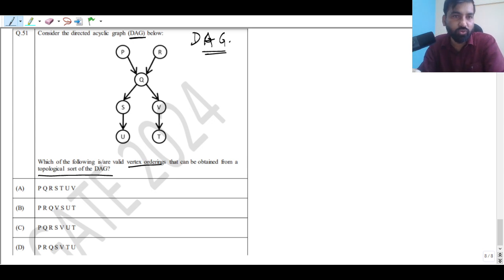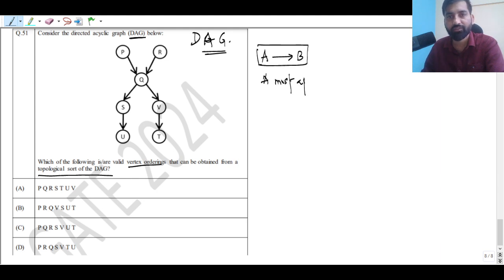What we must know in case of topological sort of the DAG is this: suppose A is a vertex, and A is directed to B. It means that A must appear first.